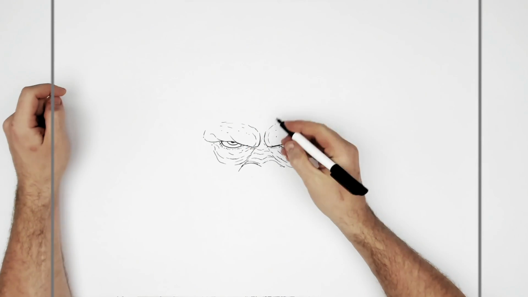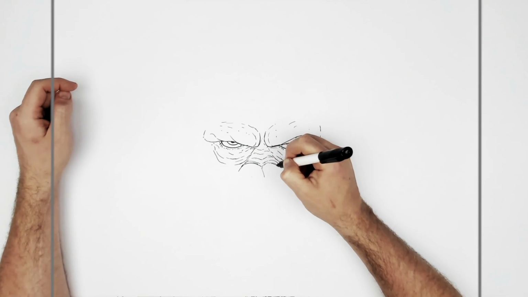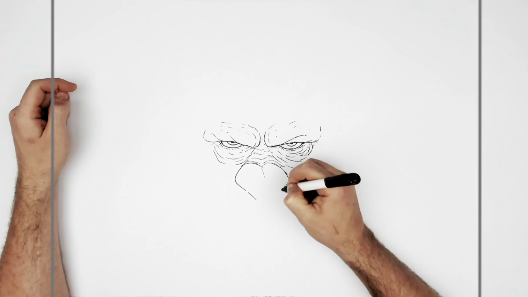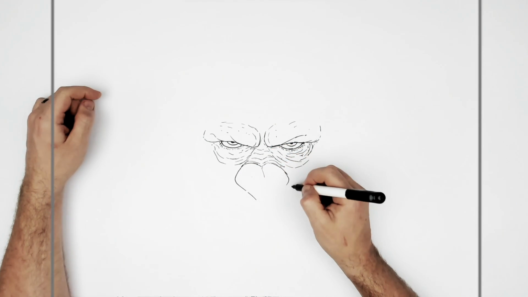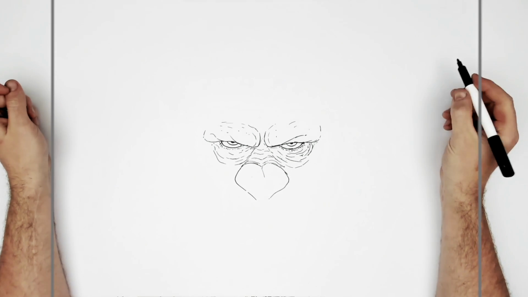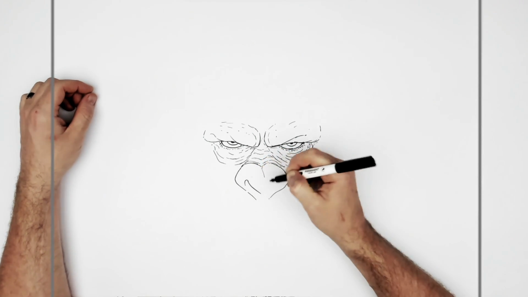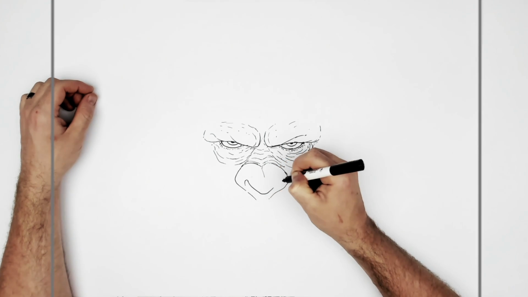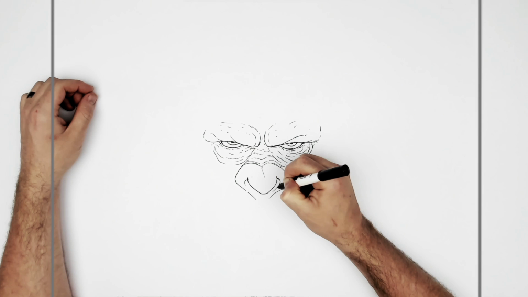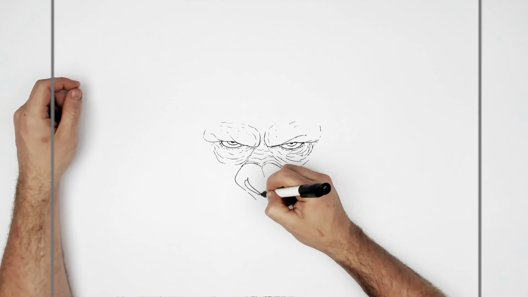Then his nose is in here, so it's kind of like a love heart sort of shape, kind of comes around like this. Okay, and then his nostrils are like black sort of holes in here. They seem to come around the whole way around his nose.